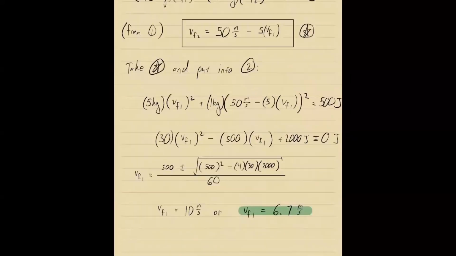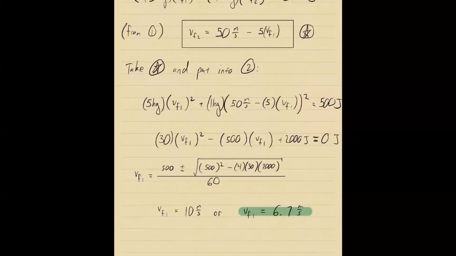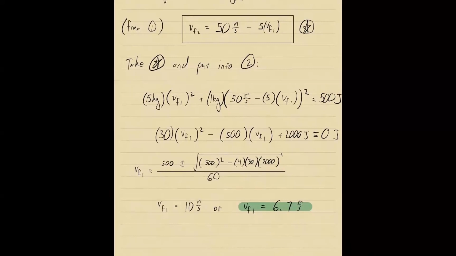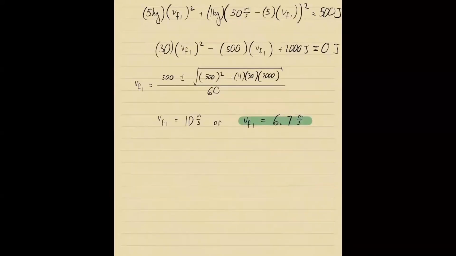And so we can plug this in right here in order to find the final velocity of the second ball. So for the second ball, that's equal to 50 meters per second minus 5 times the final velocity of our first ball, which is 6.7 meters per second.